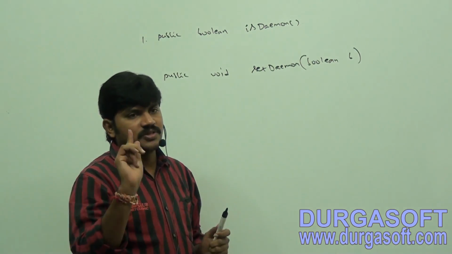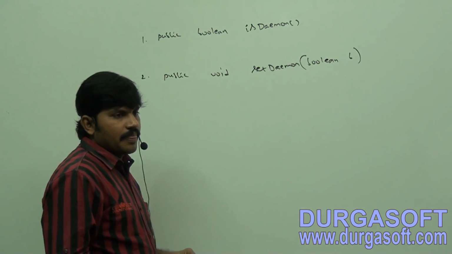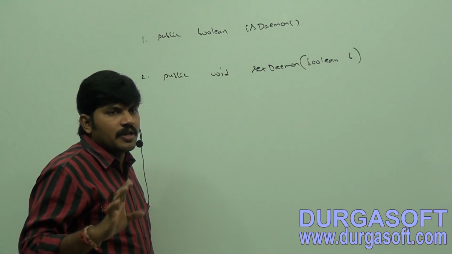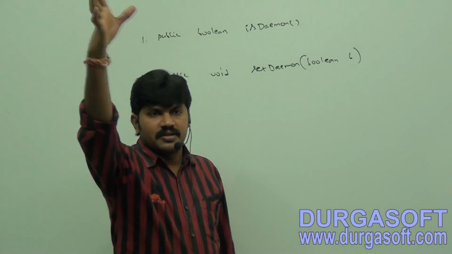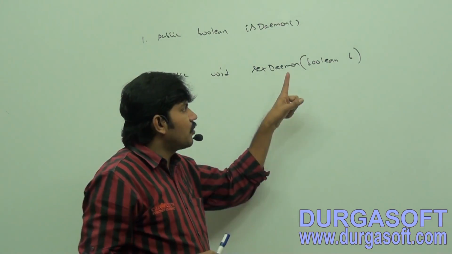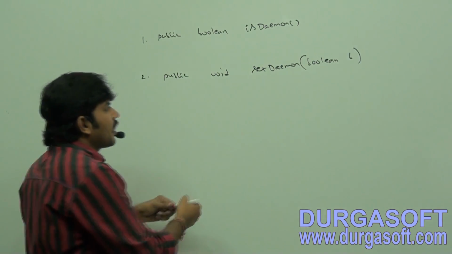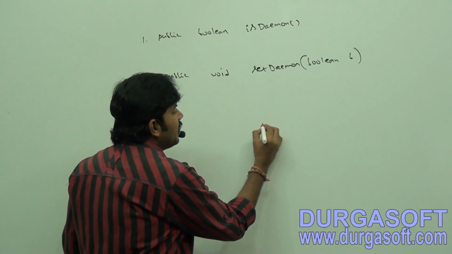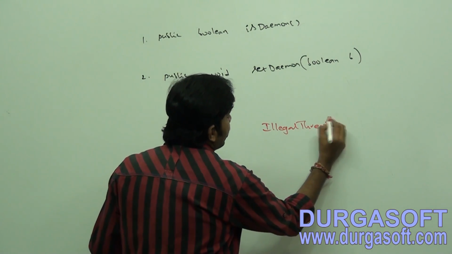But here one small twist is there. Setting the Daemon nature is possible only before starting a thread. Suppose the thread has already started and I'm trying to change the Daemon nature, then immediately we are going to get a runtime exception saying IllegalThreadStateException.